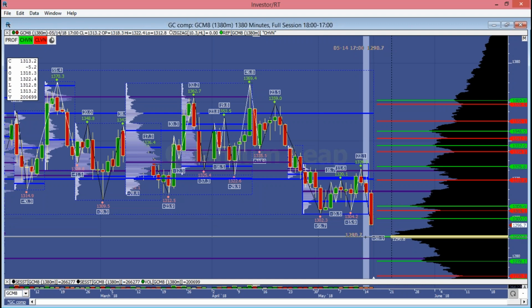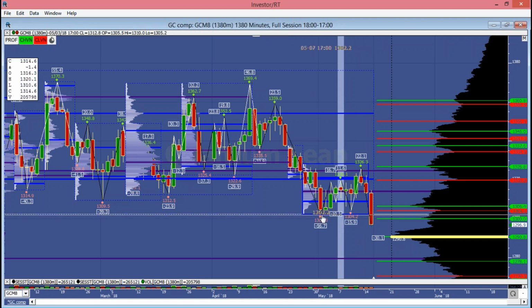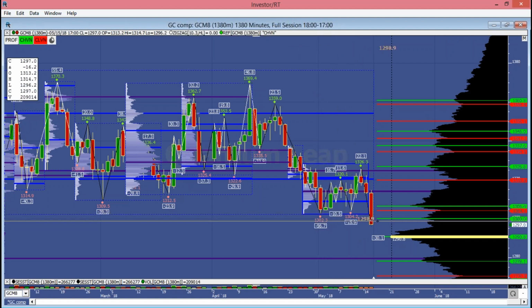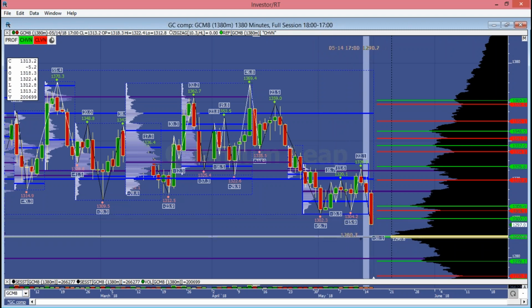I've been looking for this move down to this level. This price is the most accepted price in gold going all the way back to October the 24th, 2008. So it becomes a huge magnet, okay?